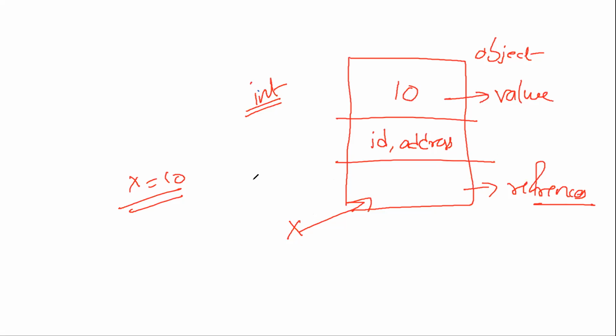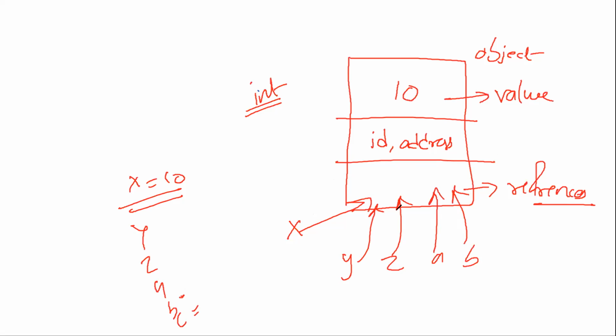If there are y, z, a, b, c, everyone having the value 10, what will happen? y will also refer to this. z will also refer to this. a will also refer to this. b will also refer to this. These are the references: all these different variables that are using 10. And on the very next moment, I say that x is equal to 10.5, right?